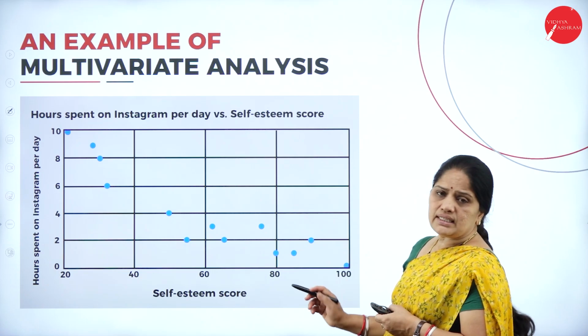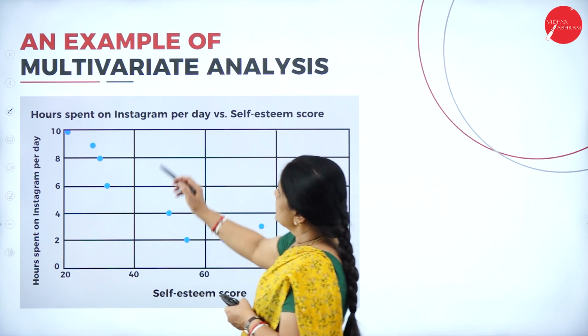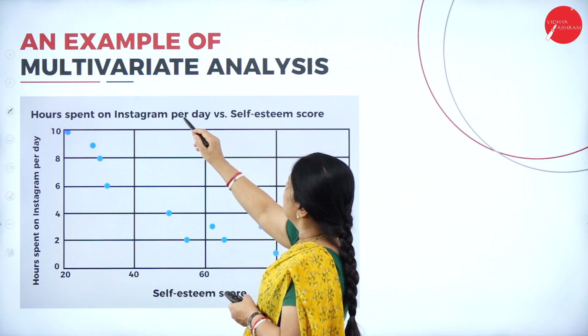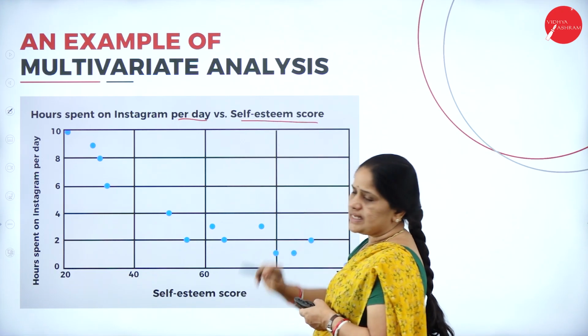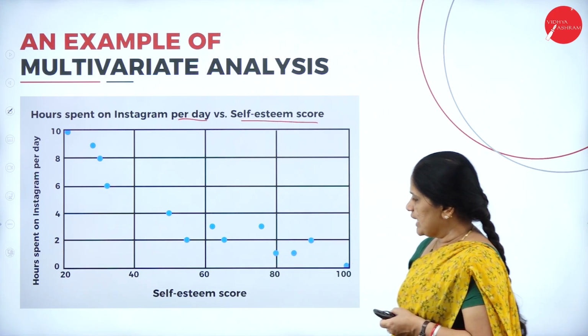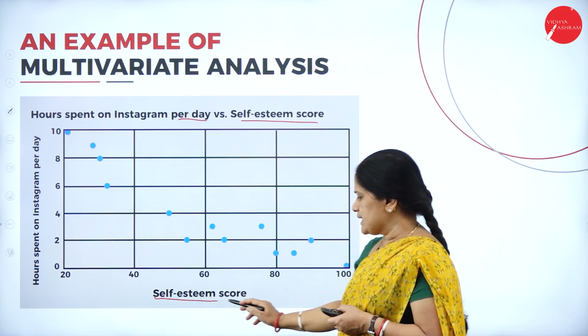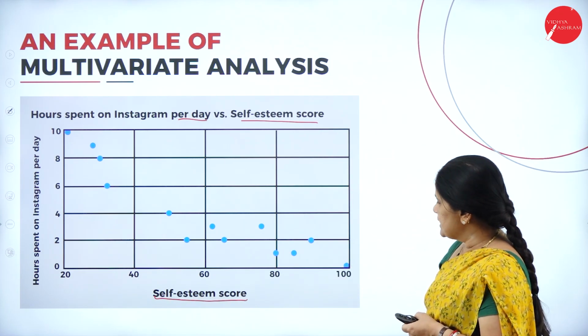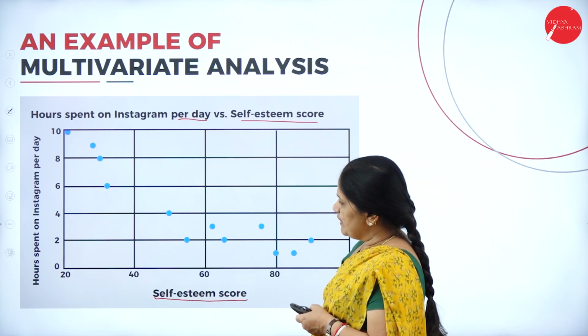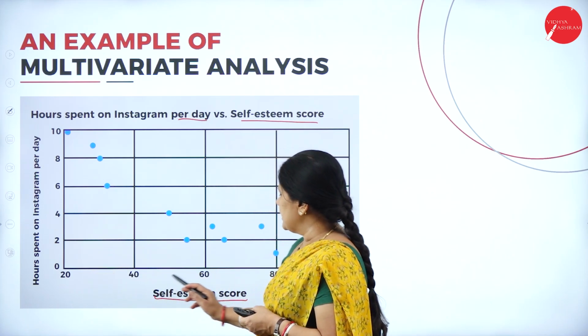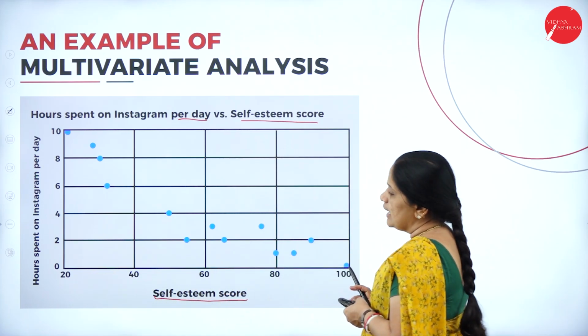If you can see this table here, it shows hours spent on Instagram per day versus the self-esteem score. On the x-axis, we have the self-esteem score: 20, 40, 60, 80 and 100.